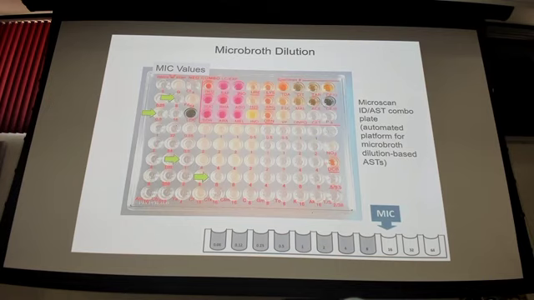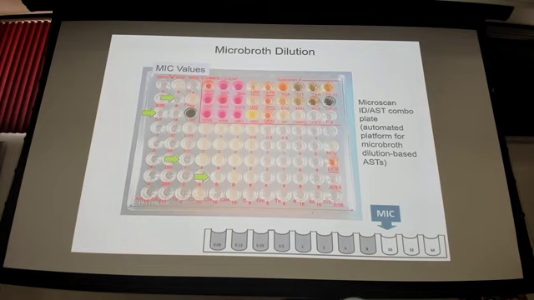What happens if you try to put a bacterial isolate into a well and it doesn't grow even though there's no antibiotic in there? Dead. You screwed up something. Your bacteria should grow if there's no antibiotic. So that's a control, and it means that you have results you can work with. So you always have a control well where there's no antibiotic present.